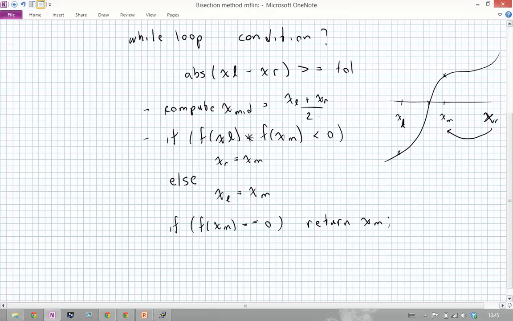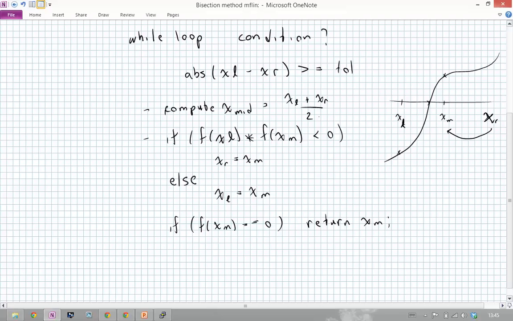What's happening to the distance between xl and xr every time you go through? It's halving, exactly right. So if you give me tolerance, I can tell you pretty much exactly when this thing is going to stop. It's essentially powers of 2, dividing by 2.